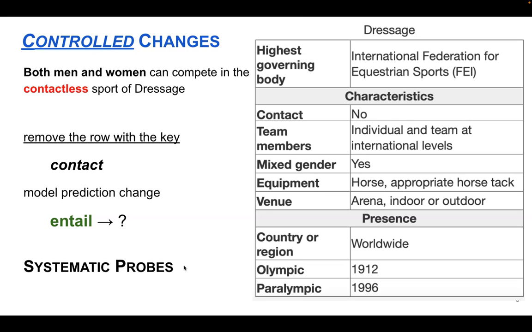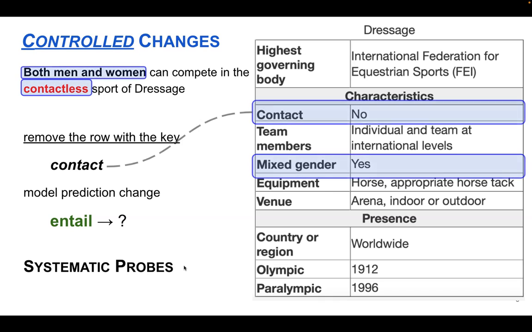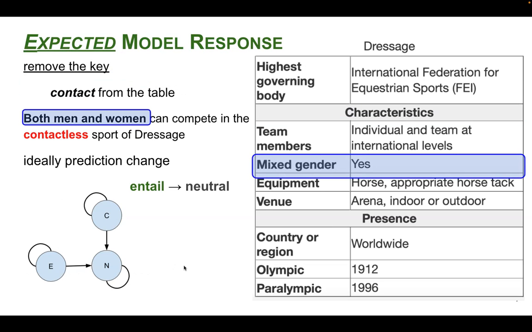Ideally the model prediction should become neutral. This is what is called an expected change to the model. You can see that if we remove the key contact, ideally the model prediction should become neutral. This is very logical and can be derived from very simple logic rules, which we will discuss later in the slides.